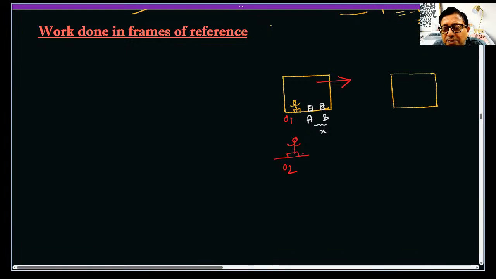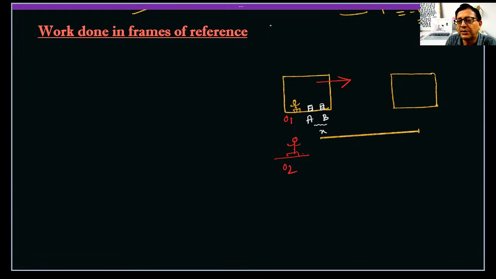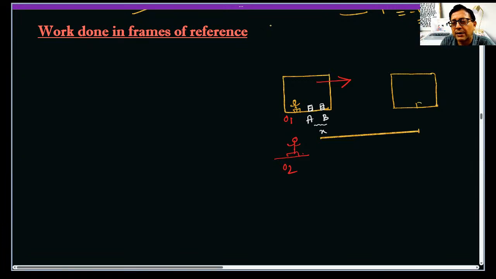When this object is moved by distance x, say the car travels from here to here. So that x displacement is there, from A to B. But this x is due to the motion of the train.